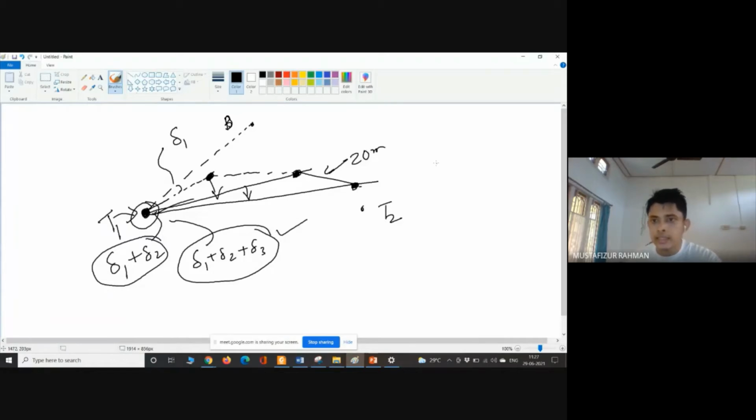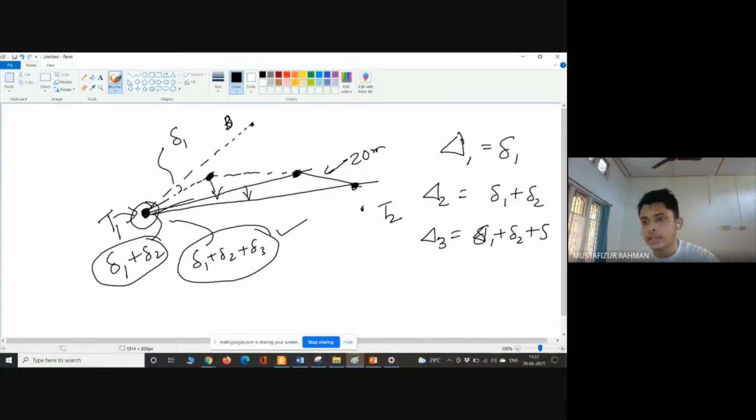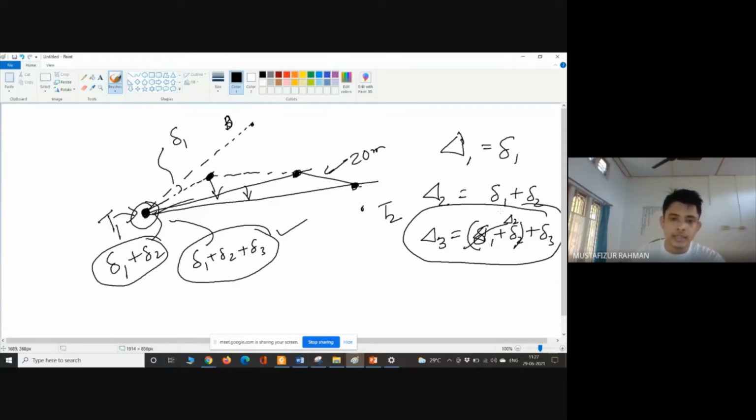So we write that capital delta 1 is equal to small delta 1, capital delta 2 is small delta 1 plus small delta 2, and capital delta 3 is small delta 1 plus delta 2 plus delta 3. This is the cumulative increment. That way we can carry out our angle calculation.